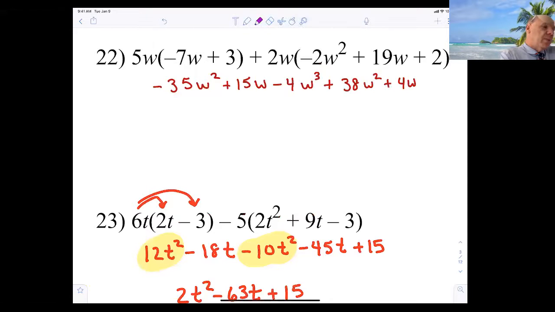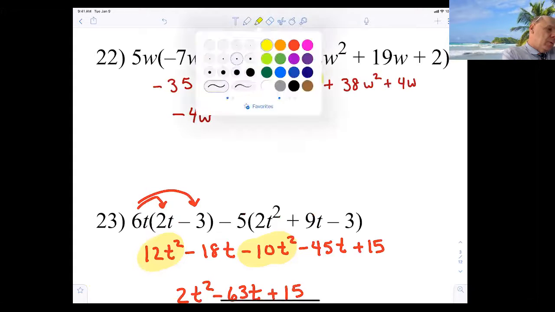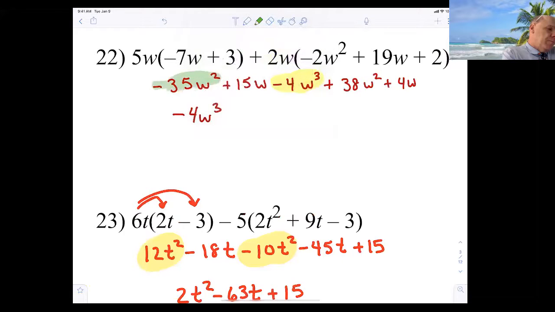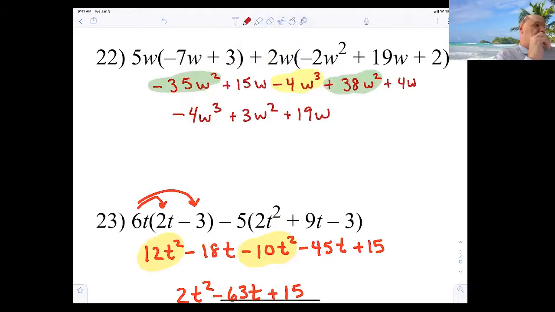Same principle, just combining terms. Anybody else get that?